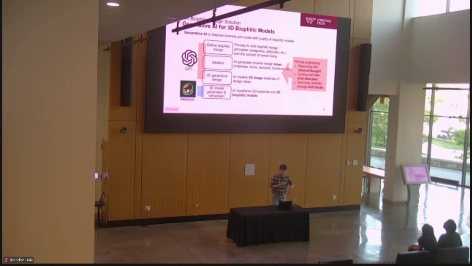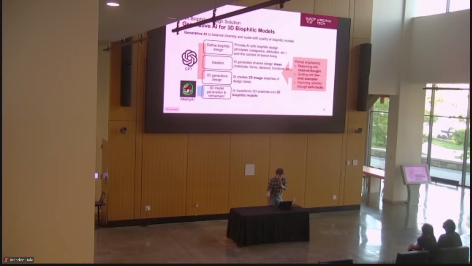We want to have a good collection of different models, different types of biophilic design features and attributes, and it's really time consuming, and impossible to have this good collection within a short period of time just by relying on human designers. So we took a 4-step approach to leverage generative AI to create these 3D biophilic models.